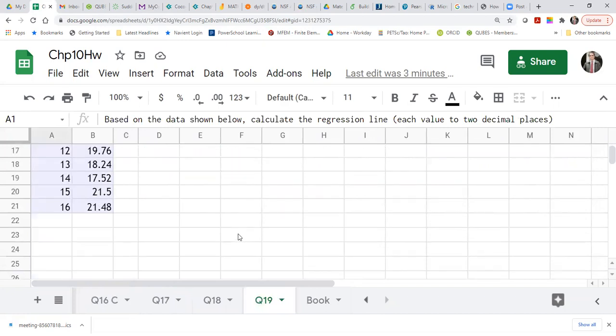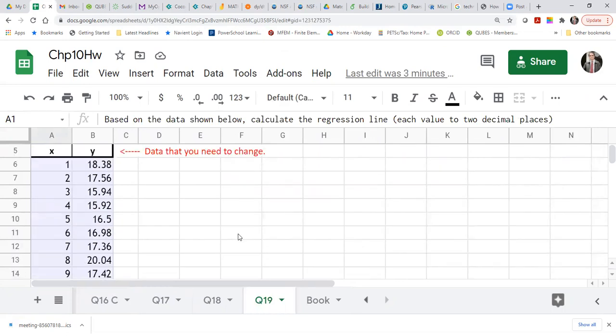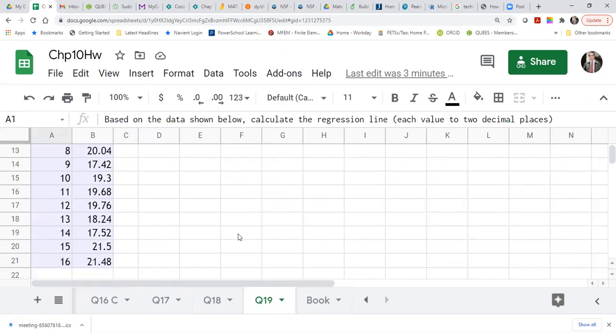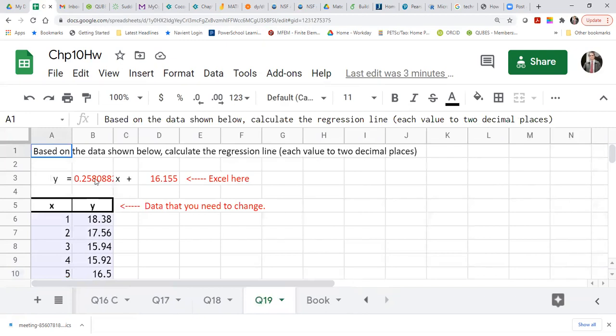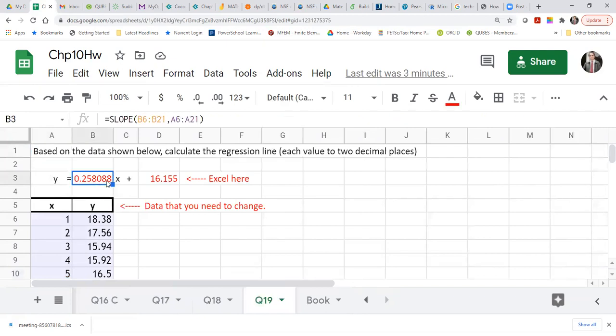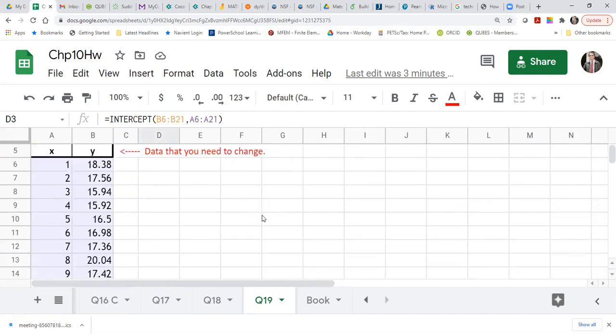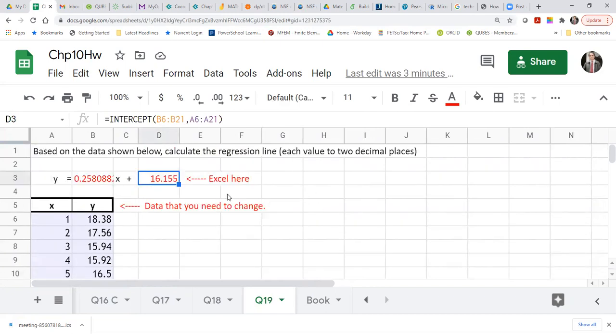The data is from 6 to 91, right? Yes. Okay, so I believe the Excel is correct. No problem.